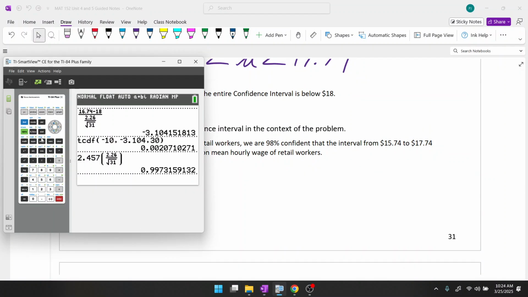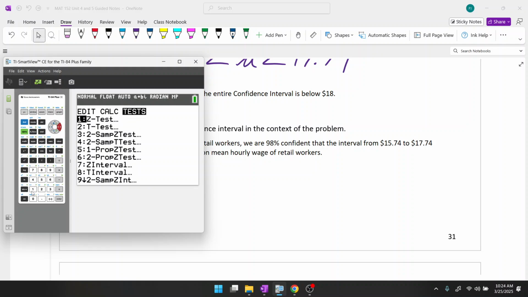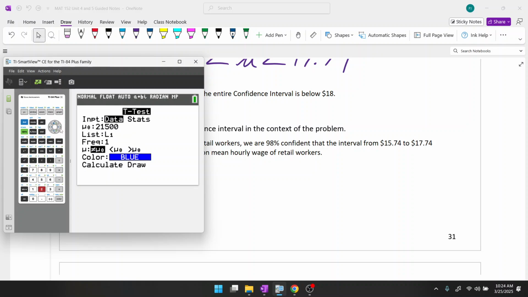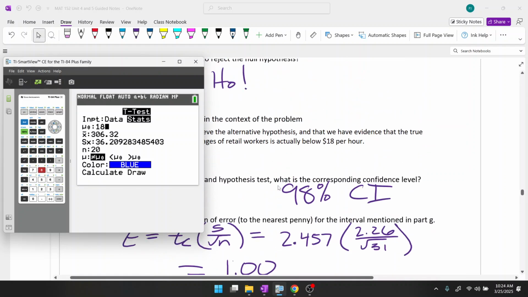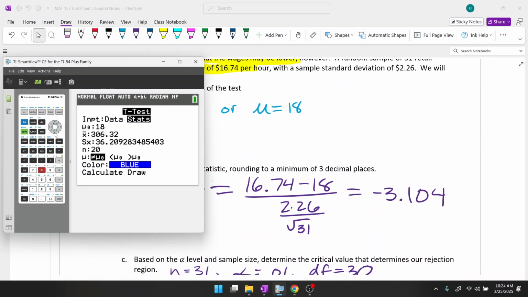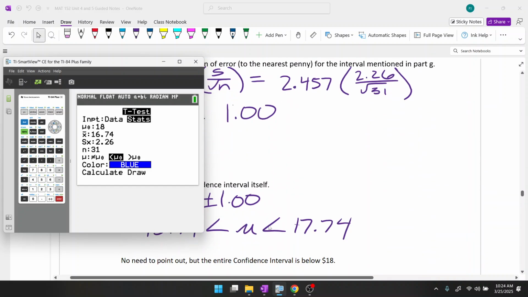So now, if we want to do this in the calculator straight up, this time we're going to go to stats here. Now the claim mean was 18. The sample mean was 16.74. Standard deviation was $2.26, and we had a sample of 31. Now the alternative hypothesis is less than.